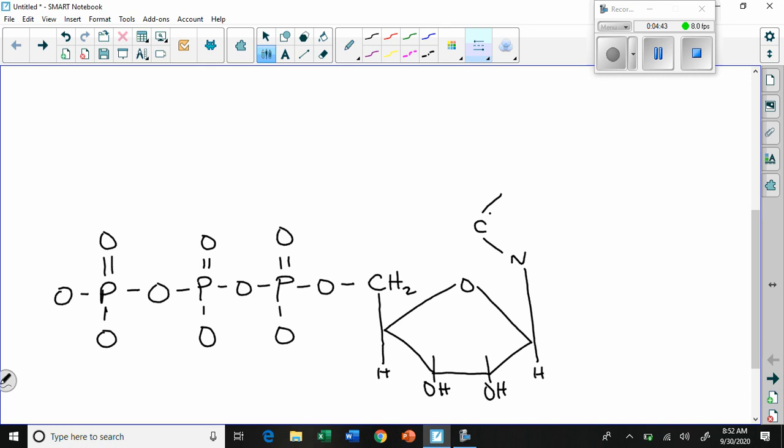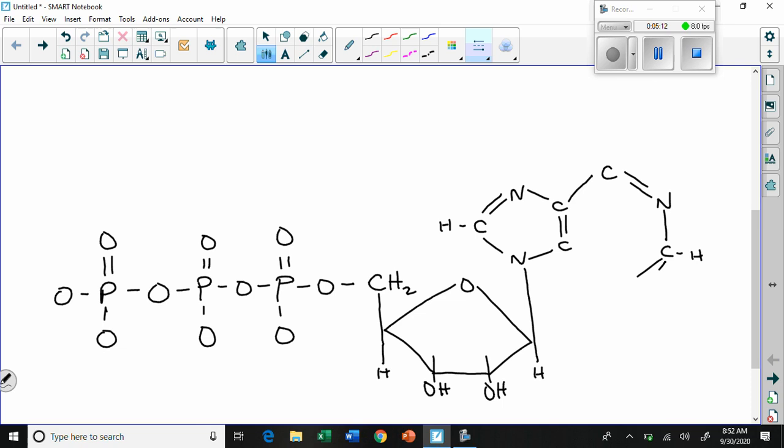Carbon, double bond, nitrogen, carbon, carbon, double bond. So it's a little pentagon shape right there. There's a little H on this guy to fill him out. And then there's the hexagon shape. Double bond there. And then down below here, there's a C with a little H attached.